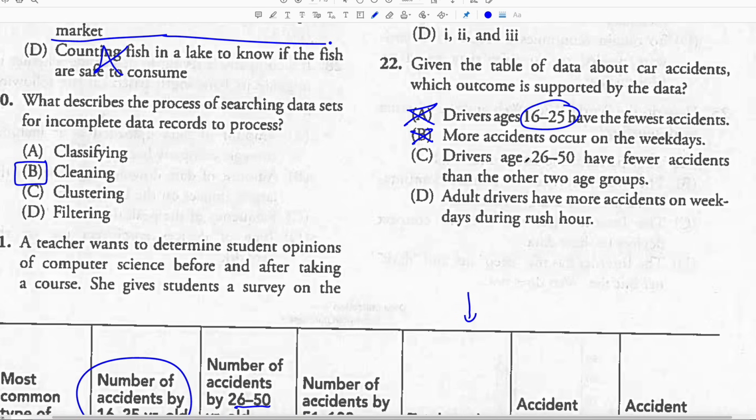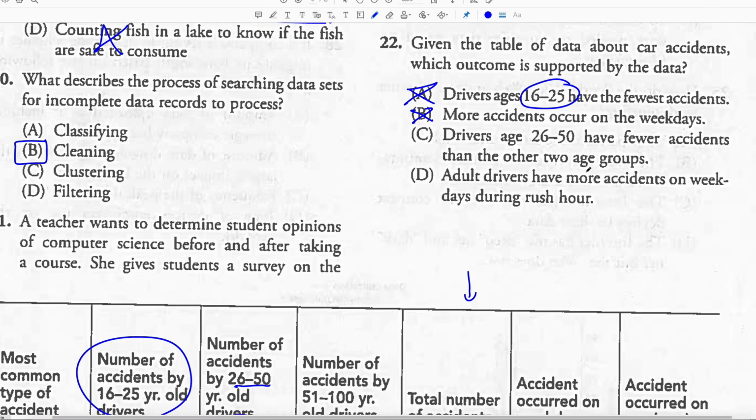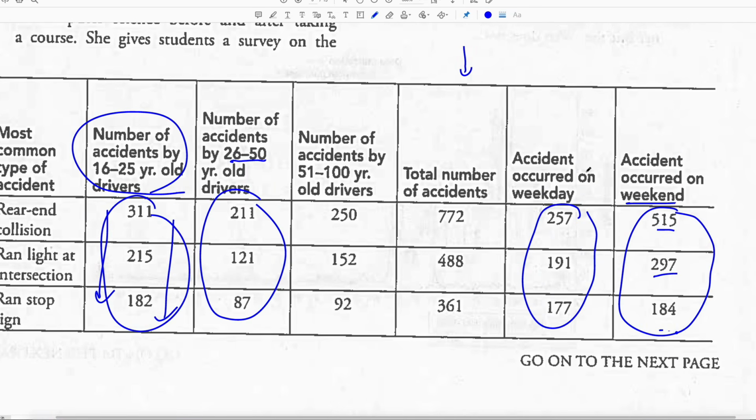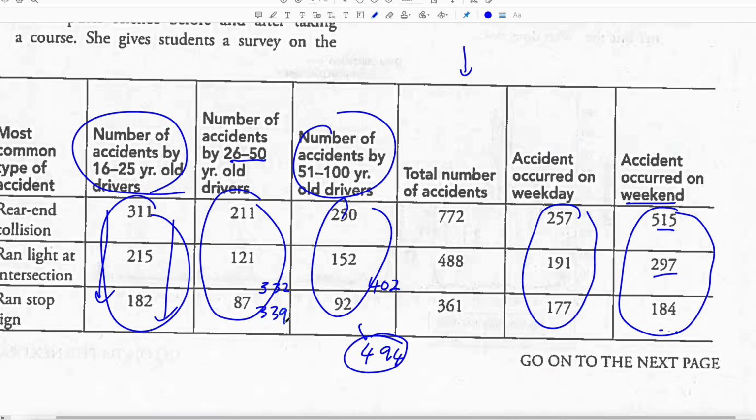Okay, C, drivers aged 26 to 50 have fewer accidents than the other 2 age groups. So I guess we got to add them. Here are the two other age groups. So if we add them up, oh gosh, so this is going to be 250, 402, and if we add that, it's going to be 494 for this bunch of them right here. This one here is going to be 332, 339, 419.